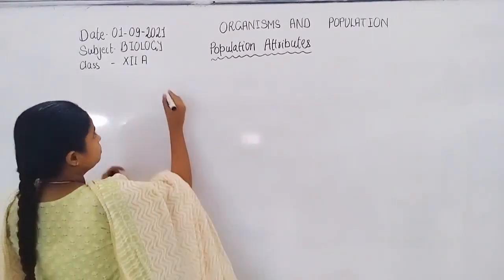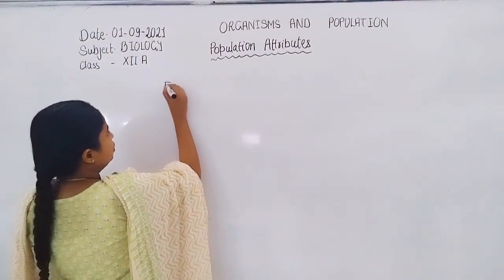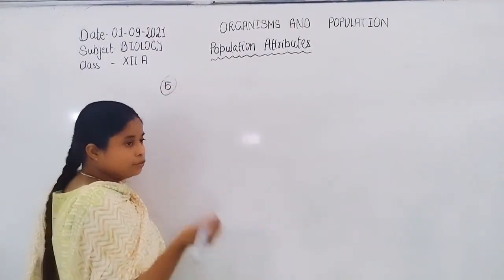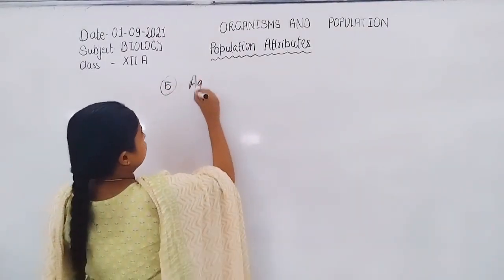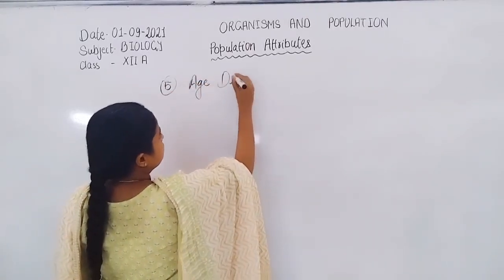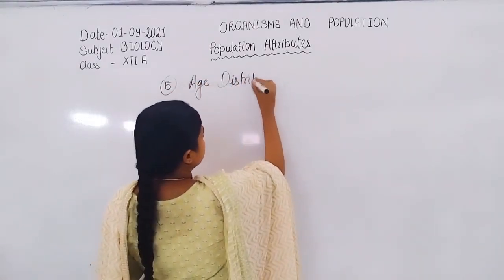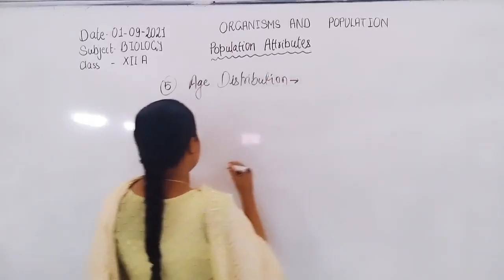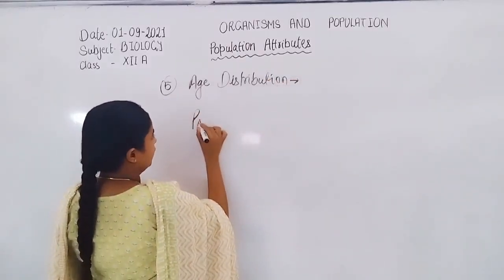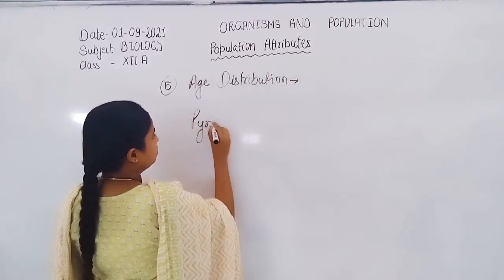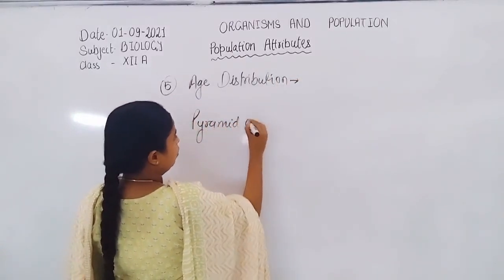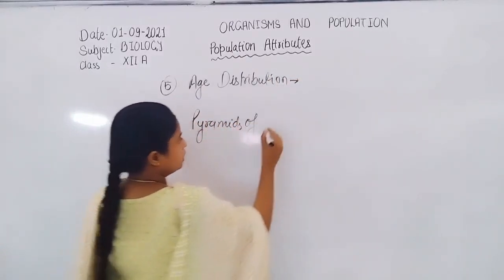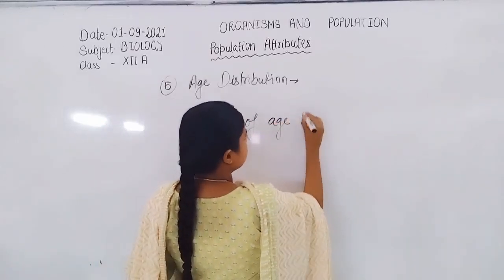The next attribute is age distribution. It can be represented by pyramids of age distribution.